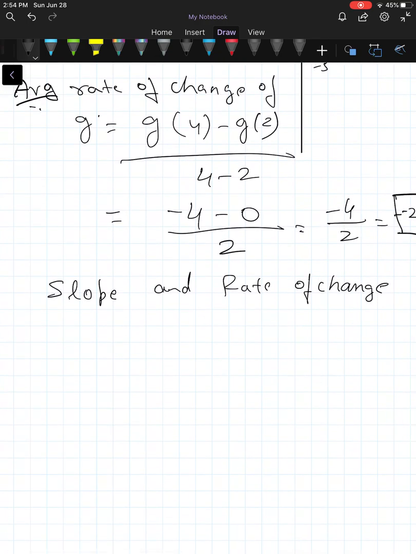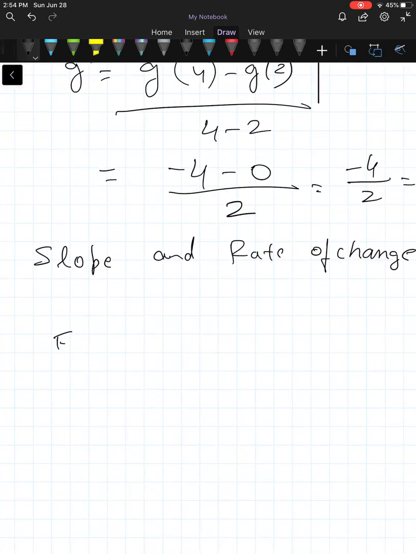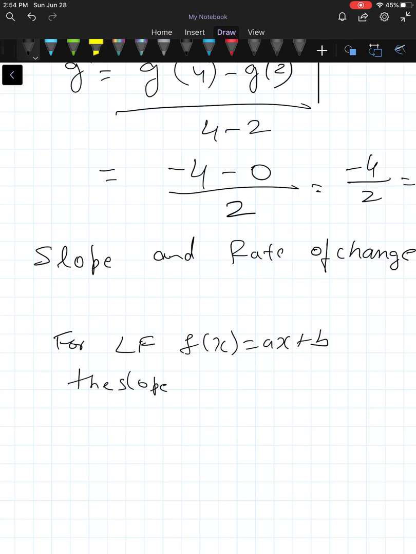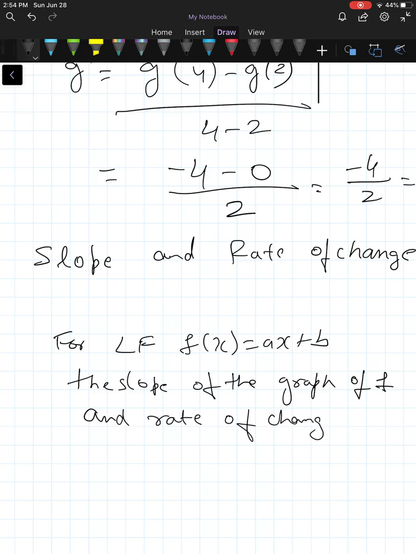So our slope is for a linear function, f of x is equal to ax plus b. The slope of the graph of f and the rate of change of f are both equal.